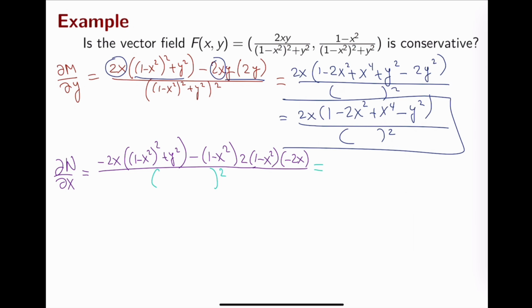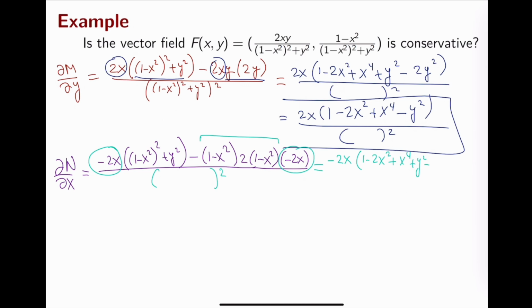So let's continue the operations in these two terms. Observe that we have minus 2x in common in both. So I'm going to take minus 2x as a common factor, times, and in the first one remains this one that we have already expanded before. So this is going to be 1 minus 2x squared plus x to the 4 plus y squared. And in the second one is going to be all this.